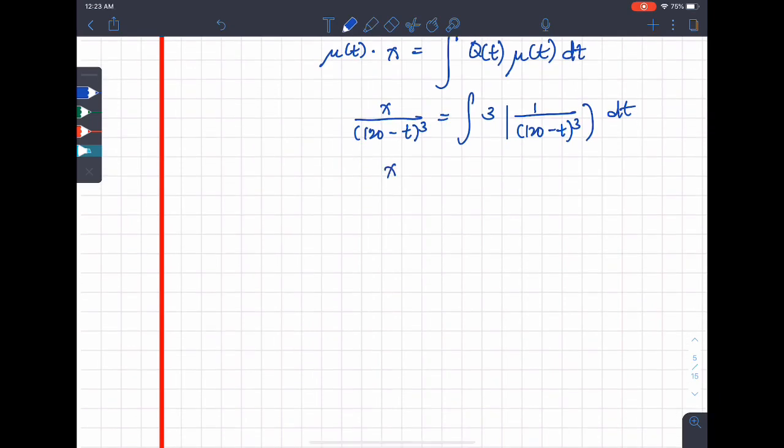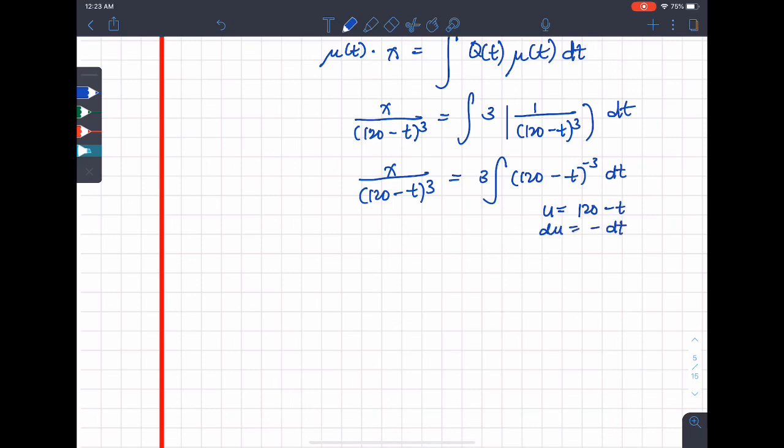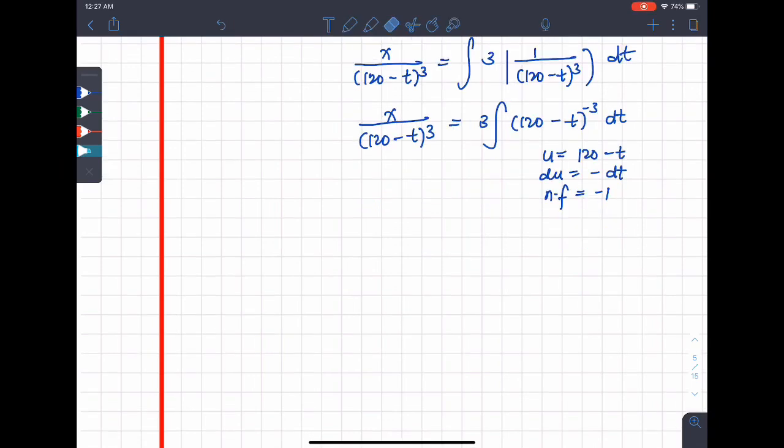So I could rewrite this as x over (120 minus t) raised to 3 equal to, I could move out 3 there, and then the integral of (120 minus t) raised to negative 3 dt. Again, our u here is 120 minus t, so du would be negative dt, so our neutralizing factor is negative 1. Okay, let's integrate.